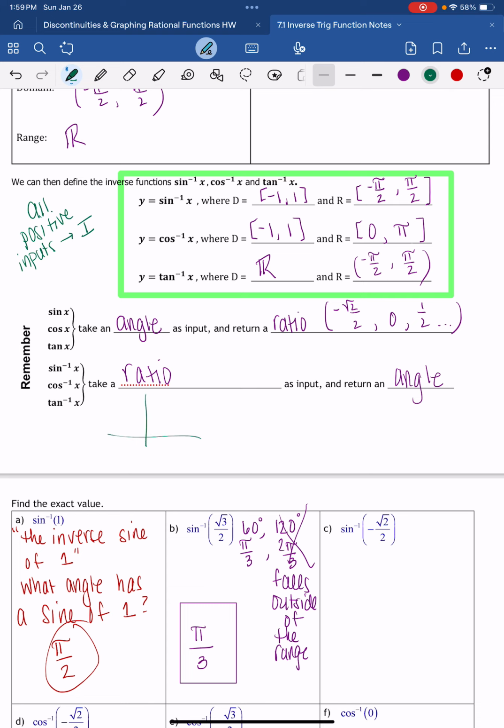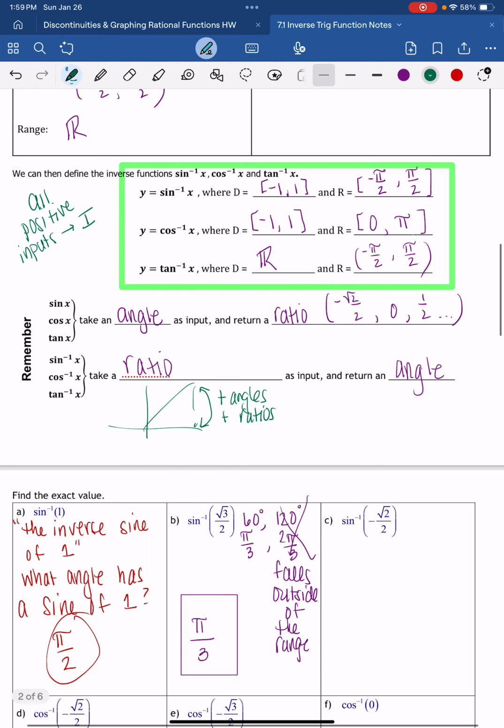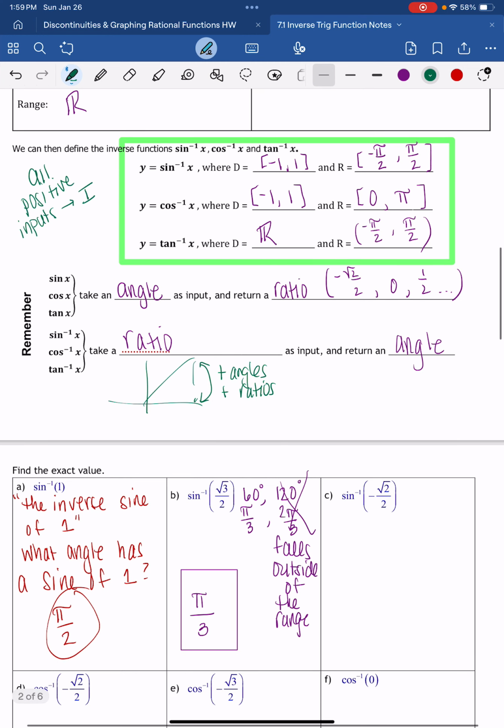If you look at quadrant 1, all the angles are positive, and I have positive ratios, root 3 over 2, etc. So if I gave you a positive value for the sine, the cosine, the tangent, whatever, my answer has to be in quadrant 1. The real tough stuff comes when I give you negatives.